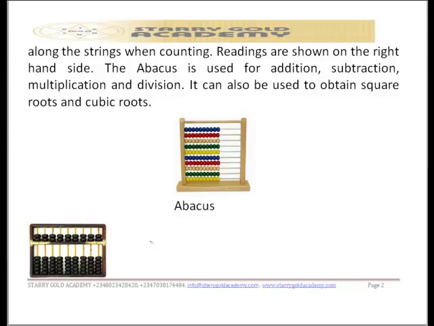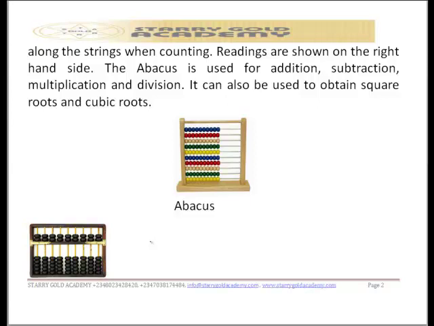Readings are shown on the right-hand side. The abacus is used for addition, subtraction, multiplication, and division. It can also be used to obtain square roots and cube roots.